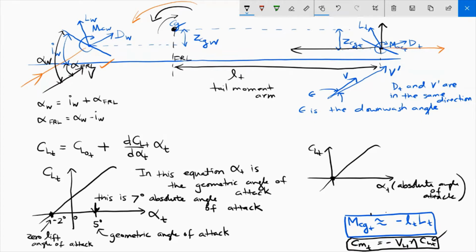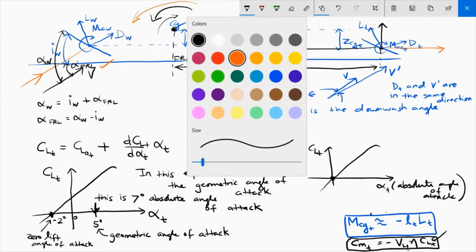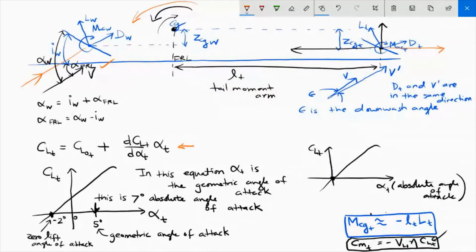Okay, so what I'm trying to say from all this story is that this equation can also be written as CLT equals dCLT d alpha t times alpha t, provided that this alpha t is the absolute angle of attack.